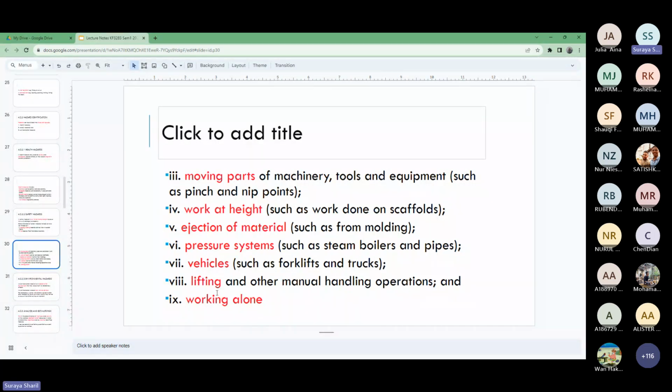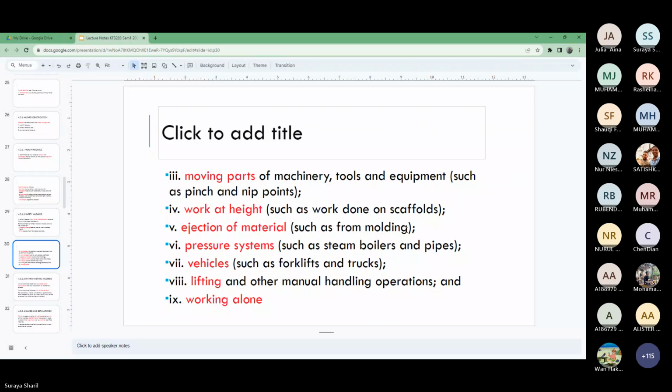So in our department, in our faculty, for example, by rules, any student, either undergraduate or postgraduate student, you are not allowed to work alone in your lab.